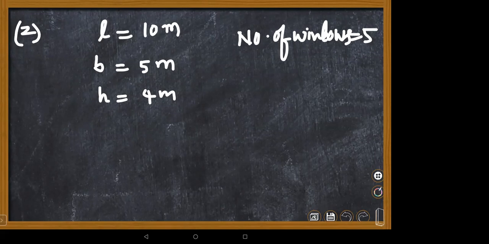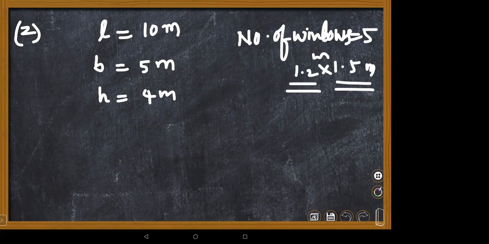Window is in which shape, children? Rectangle, ma'am. So the dimensions of the window are given as 1.2 multiplied with 1.5 meters. That means length or breadth, anything you can take. And not only windows, children, the room has doors also.